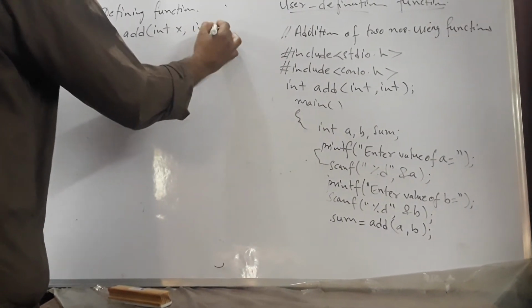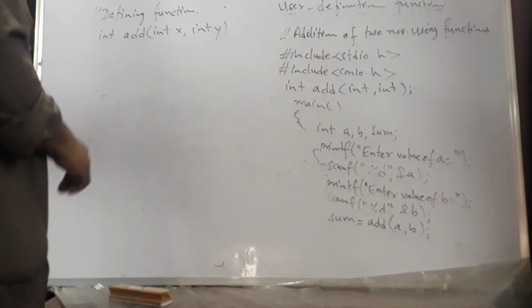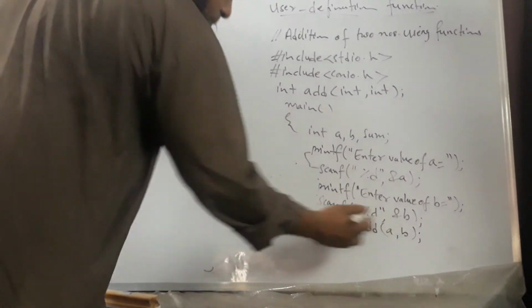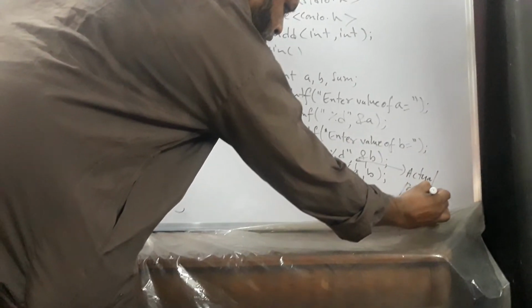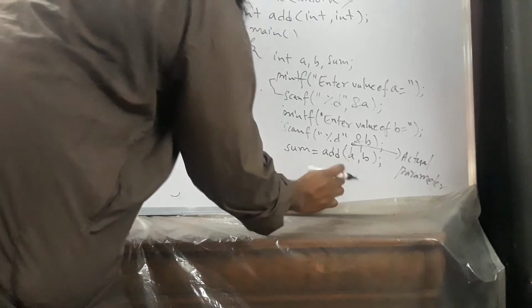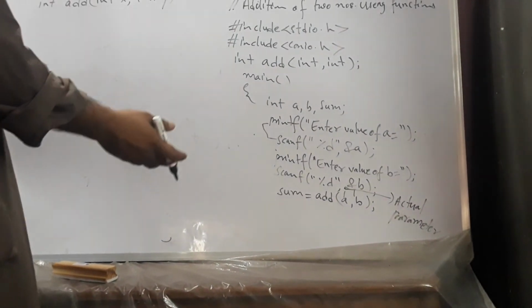Now what are these? x and y are known as formal parameters, and a and b are known as actual parameters, which means that these are the original parameters.